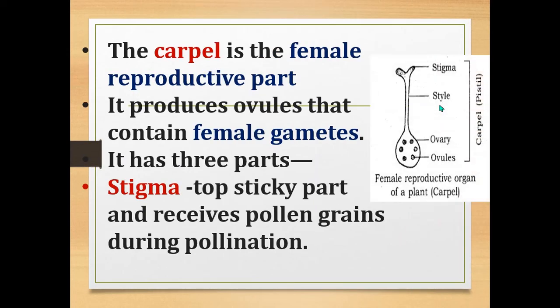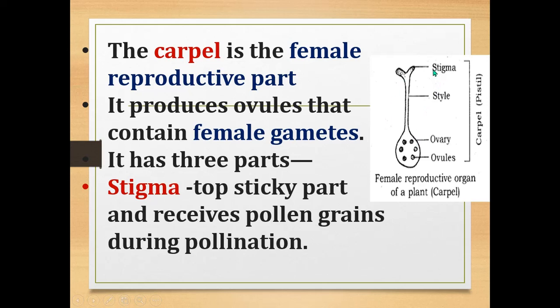Now the carpel is the female reproductive part. It produces ovules which contain female gametes. So the female reproductive organ of the plant, that is the carpel, has three parts. They are stigma, style, ovary.